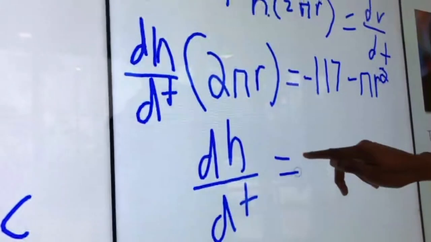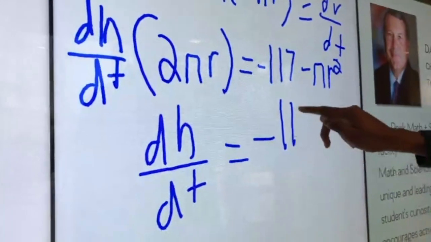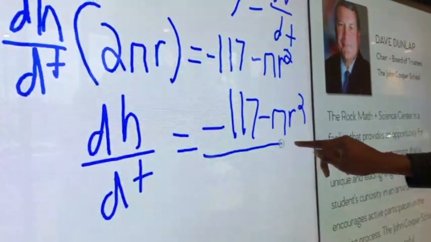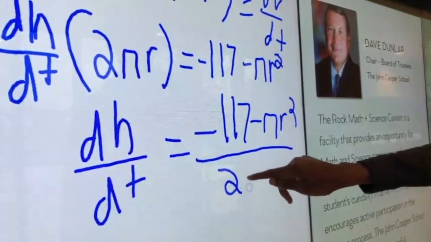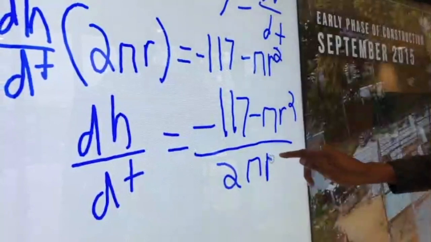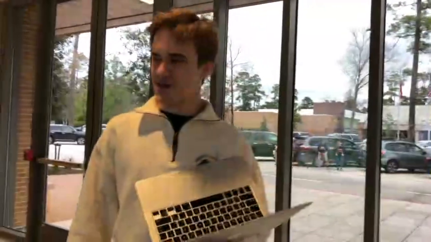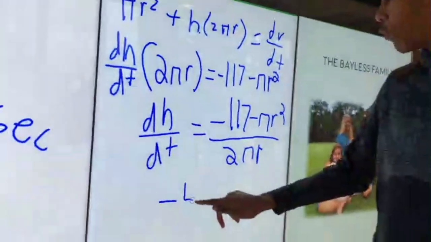And we can put all of that over negative 117 minus pi r squared over 2 pi r. And what does that come out to? Okay, so it looks like the height is changing at a rate of negative 4.7 centimeters per second.